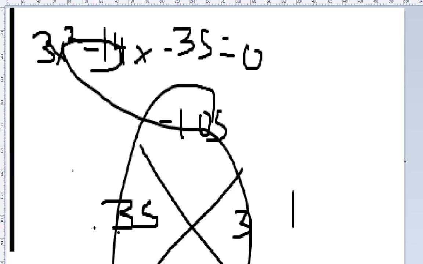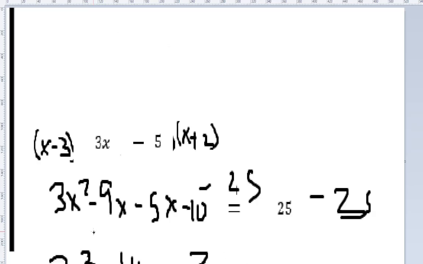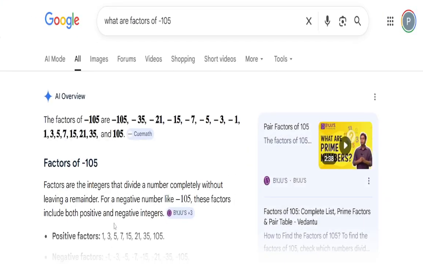But my point here wasn't that, because I might have made an error. It was that, let's see, 3x squared minus 9x minus 5x minus 10. Minus 10 minus 25 is minus 35. No, I think I got it. So maybe I'll ask Gemini. I should just ask Gemini what the factors of that are.